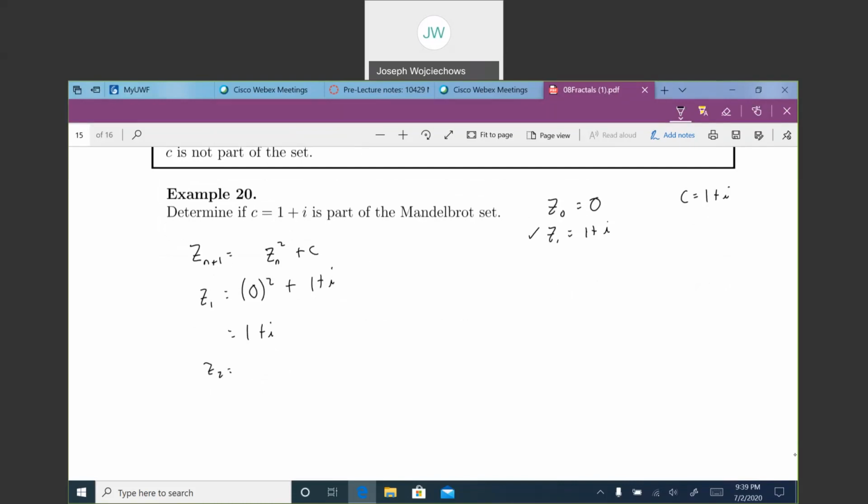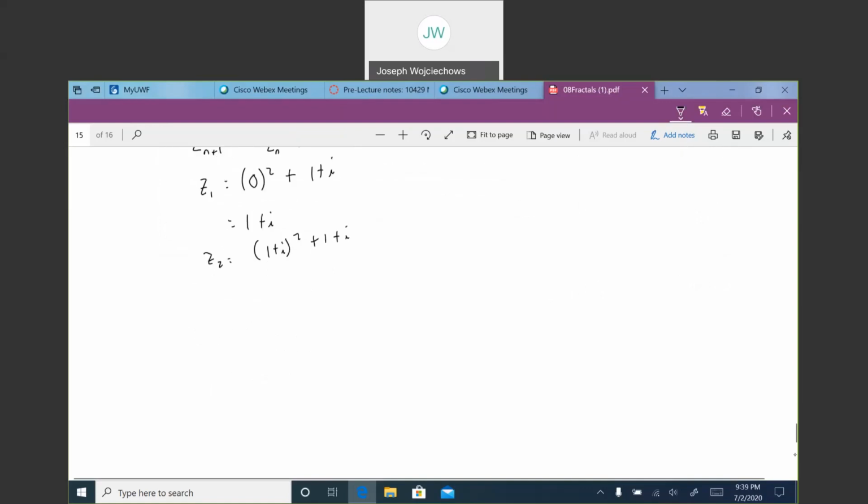Z sub 2. Now this is 1 plus i squared plus 1 plus i. So 1 plus i squared is 1 plus i times 1 plus i, and this is plus 1 plus i. So using our FOIL, 1 times 1 is 1, 1 times i is plus i, i times 1 is plus i, i times i is plus i squared, plus 1 plus i.